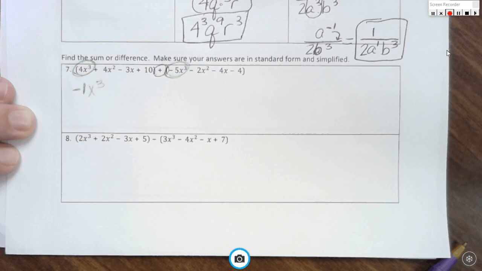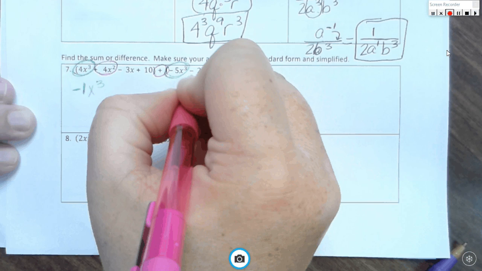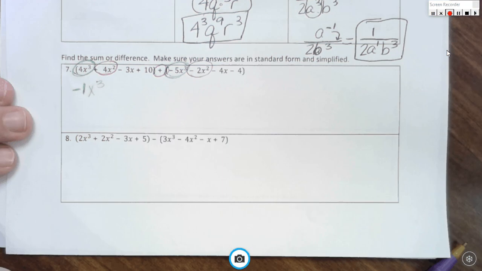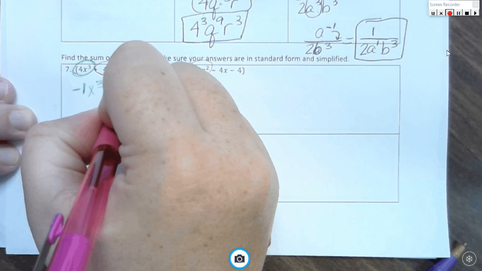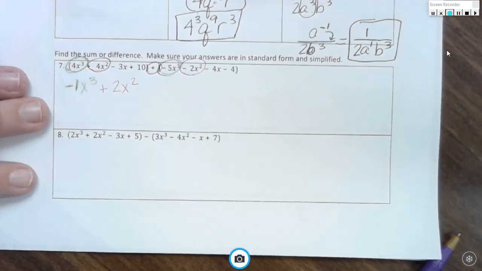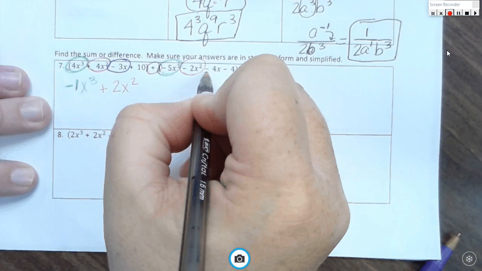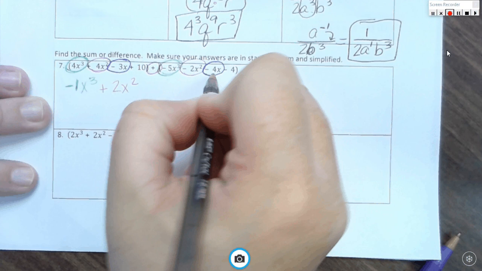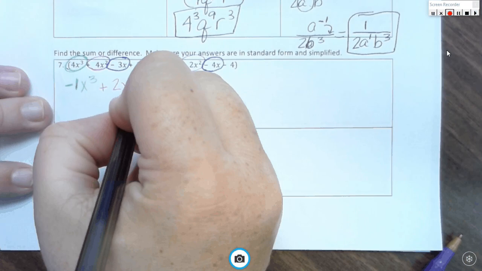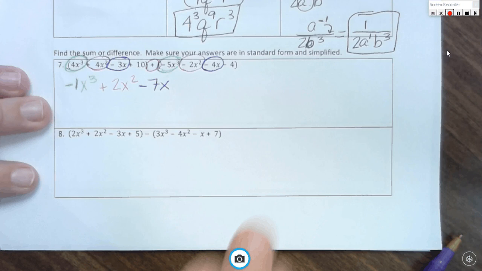Now let's look at the squareds. I have 4x squared and -2x squared. Together, that would give me positive 2x squared. Okay, now x's, I have -3x and I have -4x, so that would give me -7x.